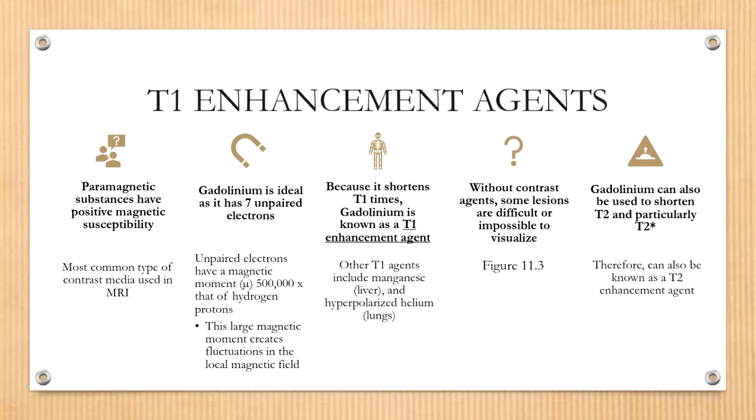So with T1 enhancement agents, there are some things that we need to be aware of. Paramagnetic substances, as we know, have a positive magnetic susceptibility. And of course, they are the most common type of contrast media that we use in MRI. Primarily, it's because the majority of pathology that we're looking at is going to be water-based, and it's also going to be much more visible against a T1 sequence rather than a T2 sequence.